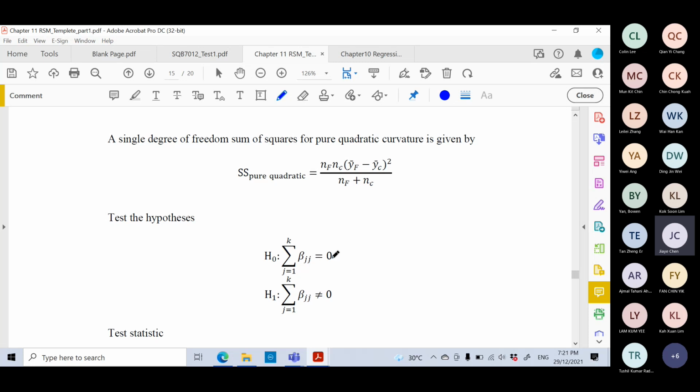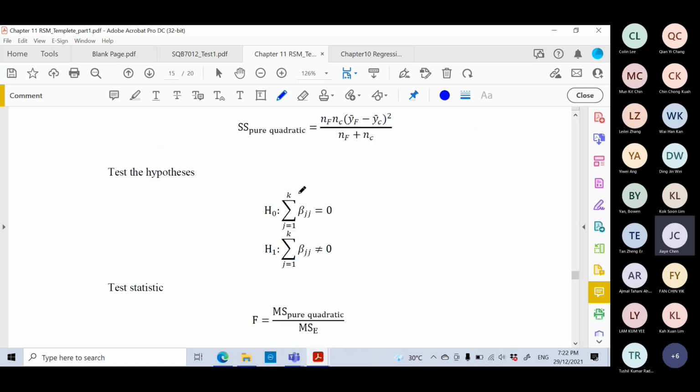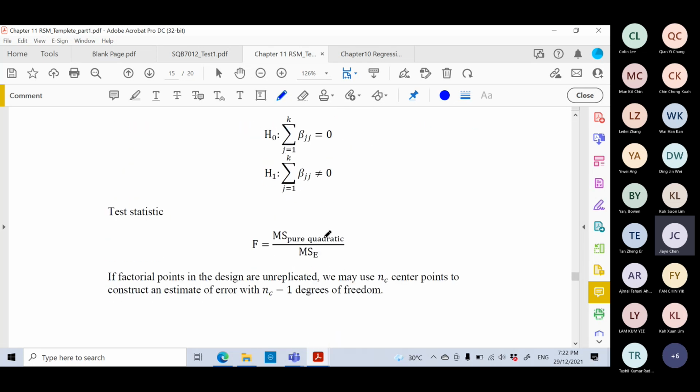If it equals 0, it means the quadratic effect is not necessary. If it is not equal to 0, it means the quadratic effect should be included in the model, so your regression model consists of the quadratic effects. So how are we going to test? Actually, we are still using the F test, the F statistic.